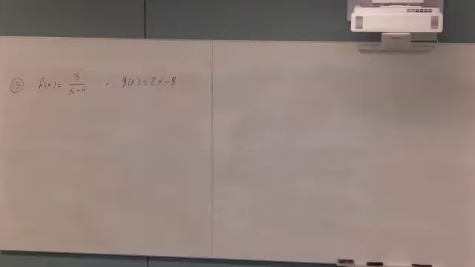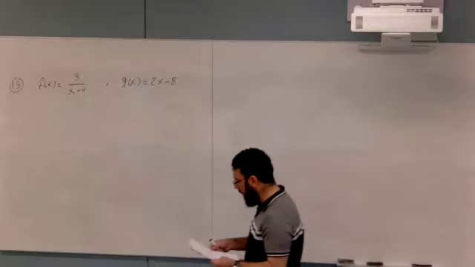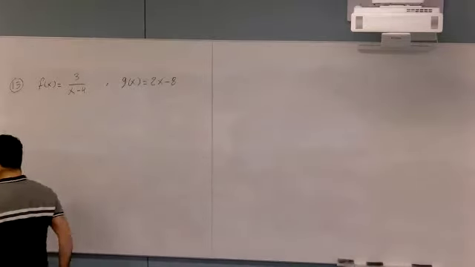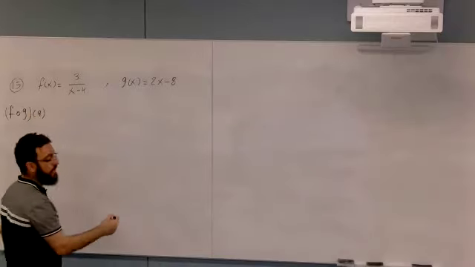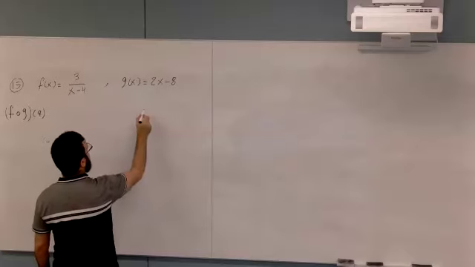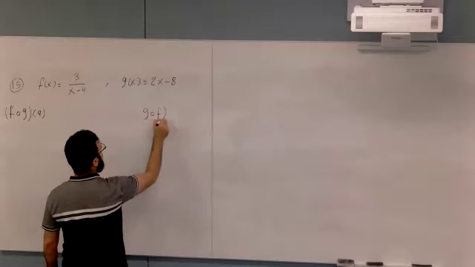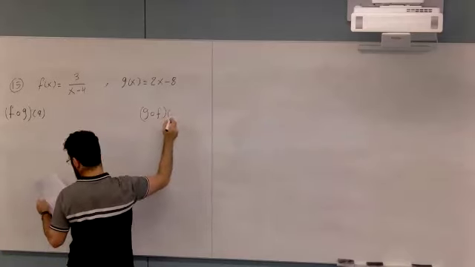So on example 15, because 14 is gonna be the same thing as what we did on the number 15. On 15, they give you F and G. They ask you to find F composite with G to which number? To 9, not to the X. And here they ask you to find G composite F at 6.